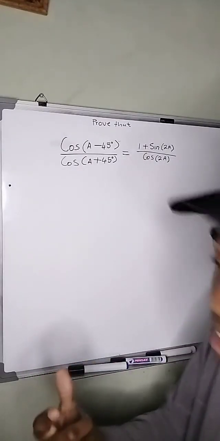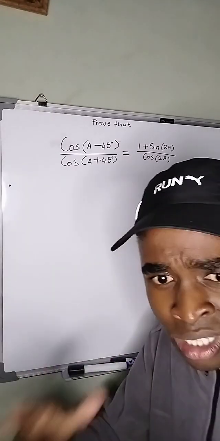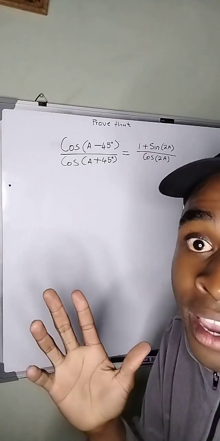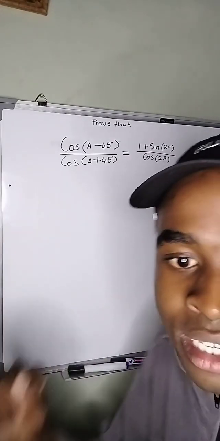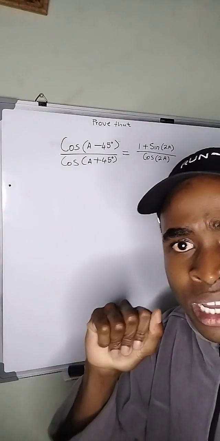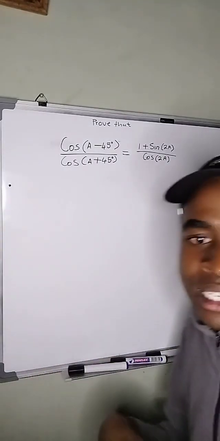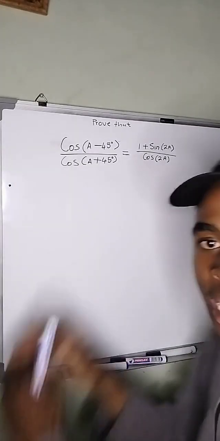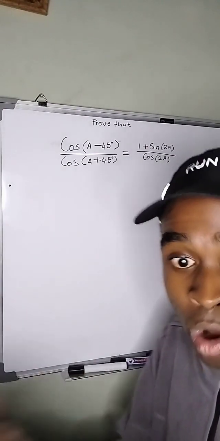Both sides are complicated, but you can deal with one side or the other. But we will solve this one and see which point we are reaching. We are going to reach our peak on this one, and we are going to decide whether we are going to continue or not.